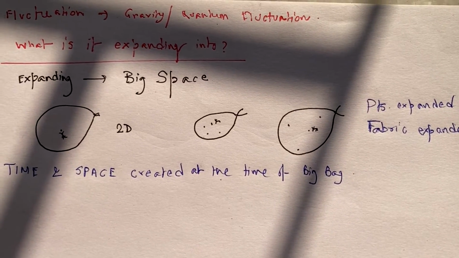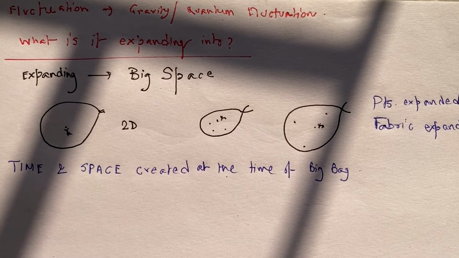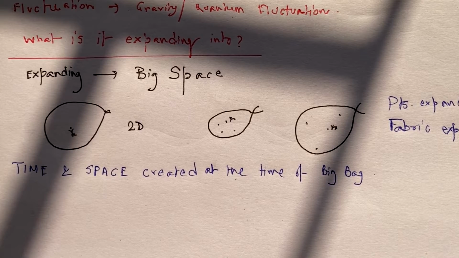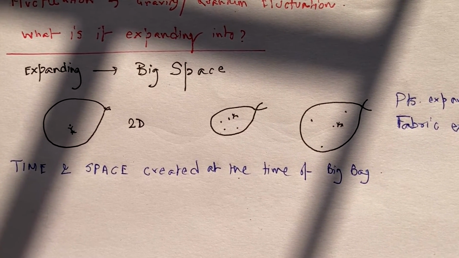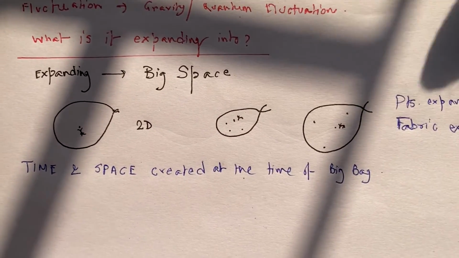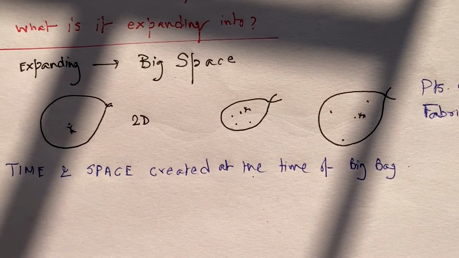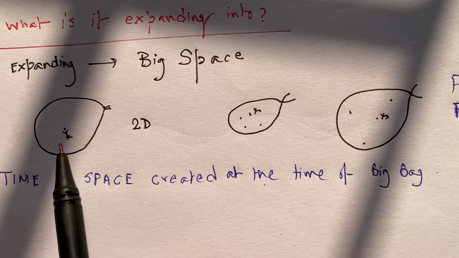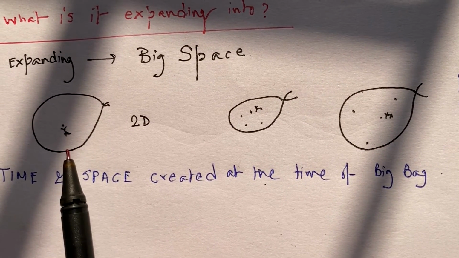Now, as the universe is expanding, what is it expanding into? Where is it going? Is the big space of the universe expanding only? Suppose we have a balloon. Now, on the surface of this balloon, if an ant resides, for that ant, this surface is completely 2D.